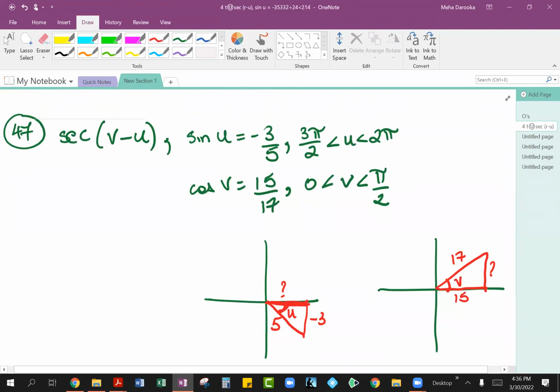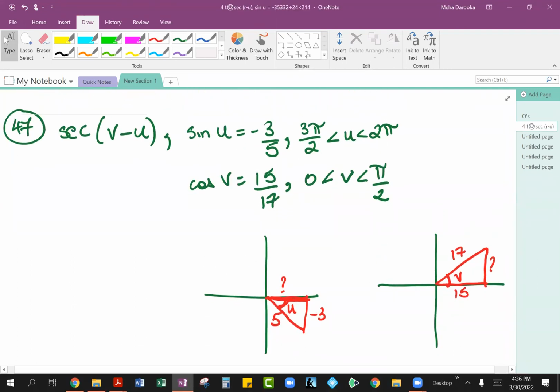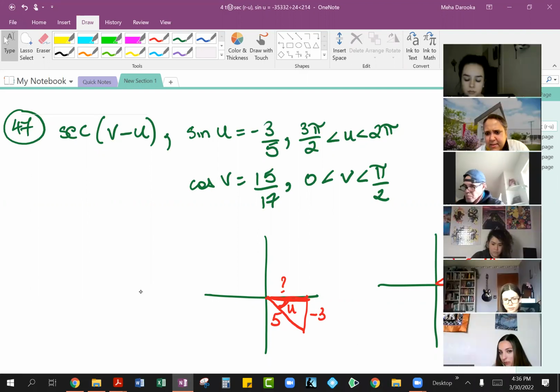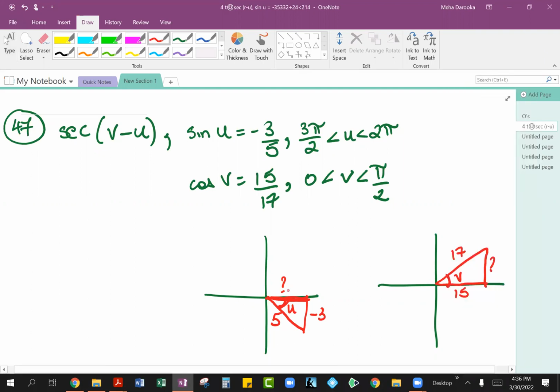Can you tell me for the angle u, what our missing side is going to look like? Is it 4? Very good. Did anybody else get that? Your hypotenuse is 5.